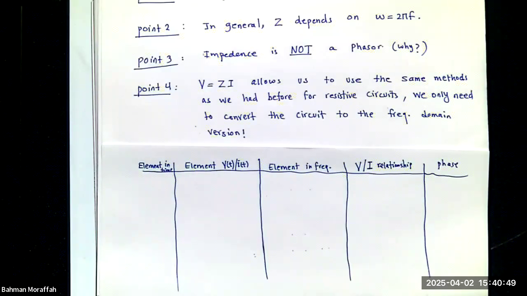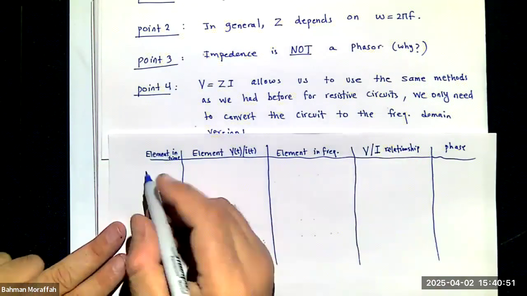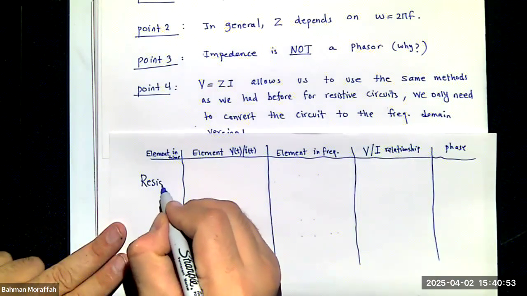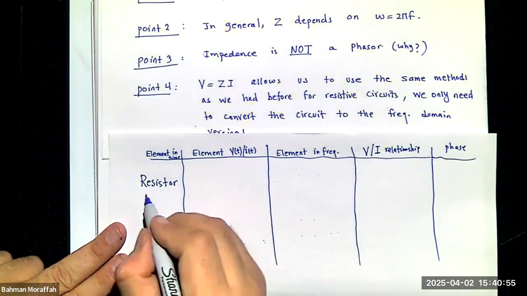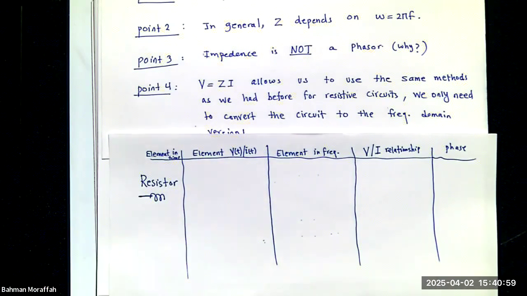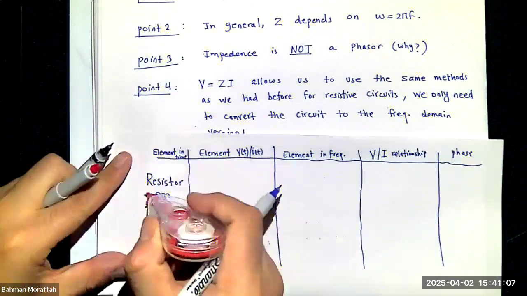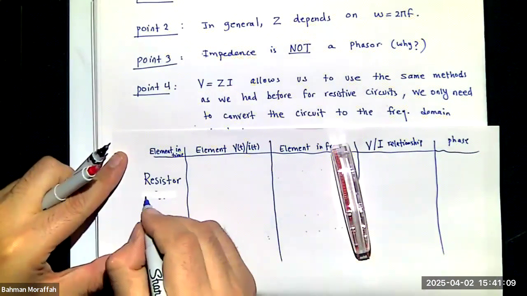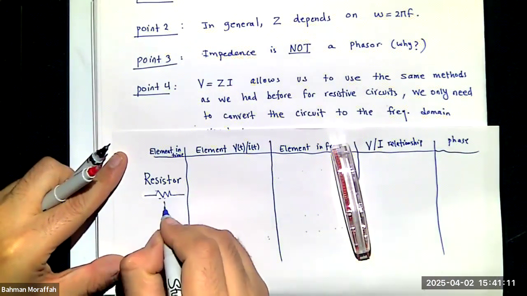So the very first thing I have is just a resistor. I'll just show it by this, R.